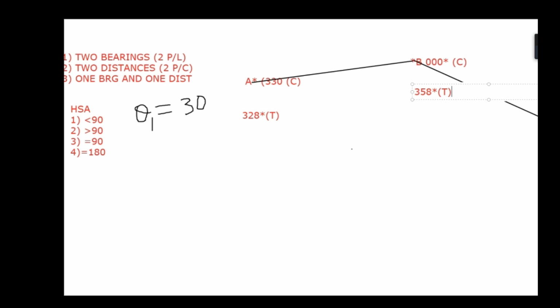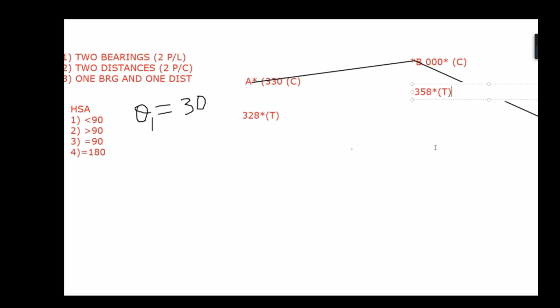The angle between the two bearings, whether true, compass or magnetic, is always the same irrespective of any error between the two objects.